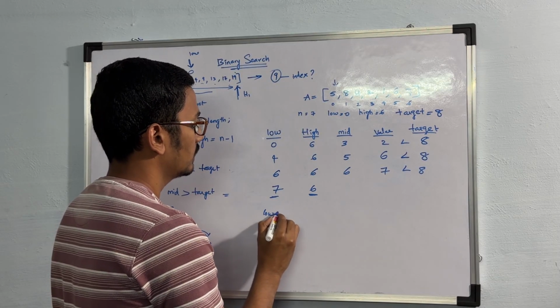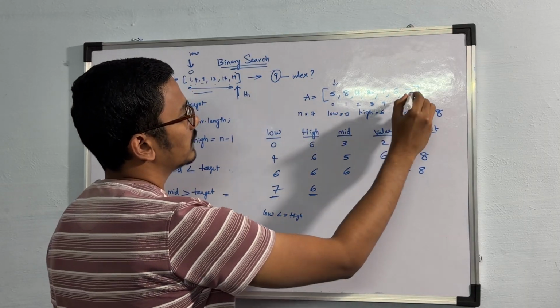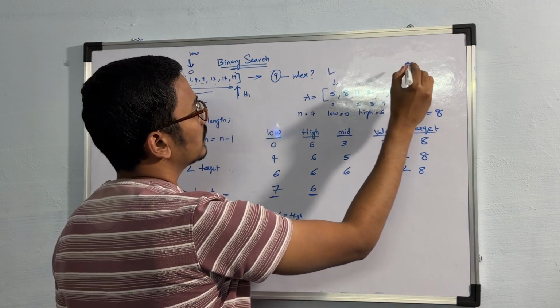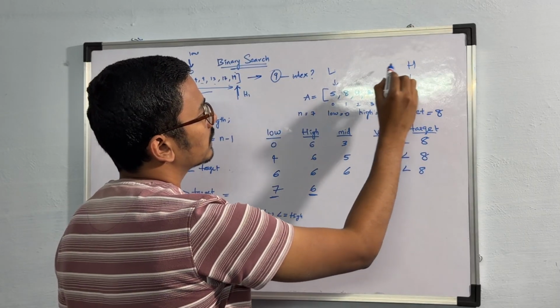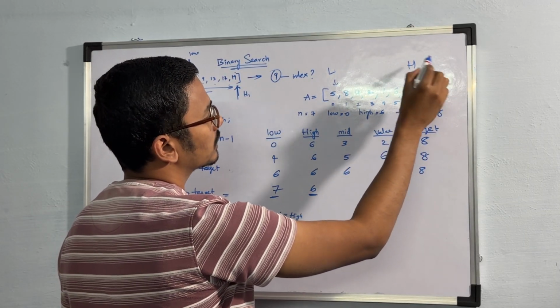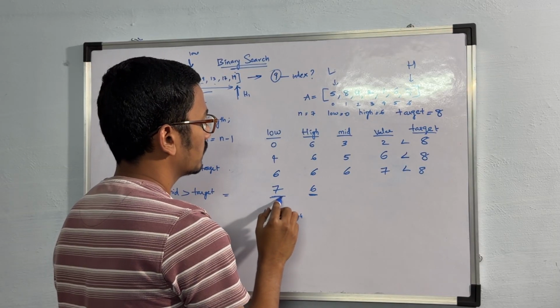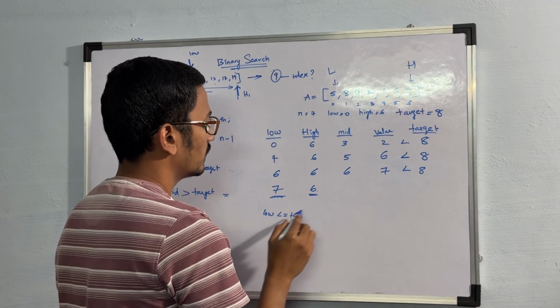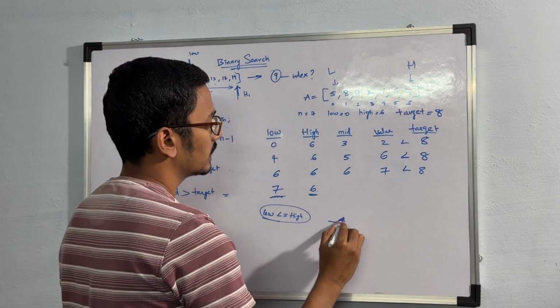Low should be less than or equal to high. Whenever we define initially, low is here and high is here, so the low should not cross the high and go to the right. That's what is happening here. Low value is 7, which is greater than 6, but it shouldn't be. So it is not satisfying this condition, so we will be returning -1.